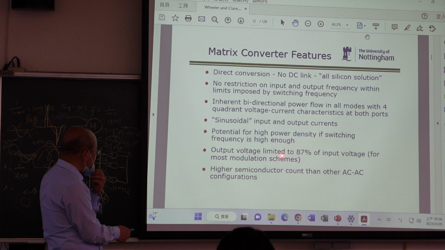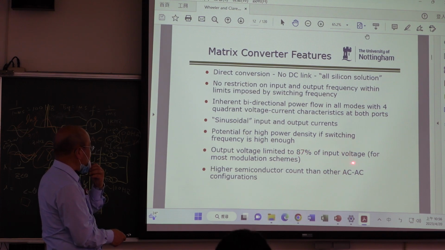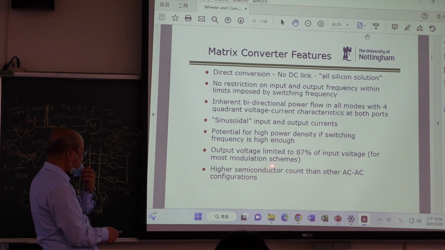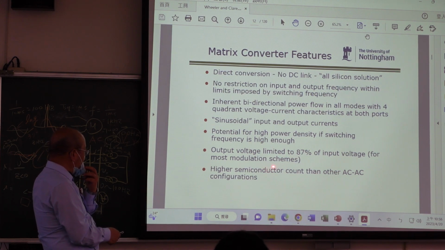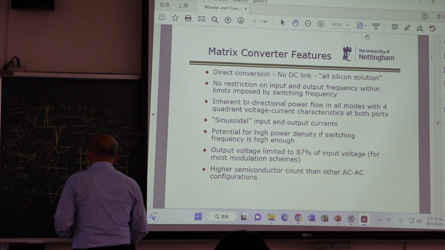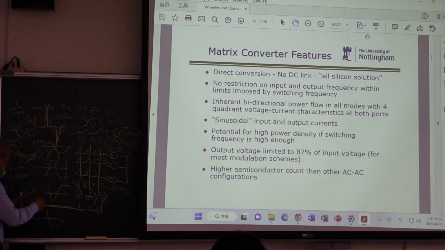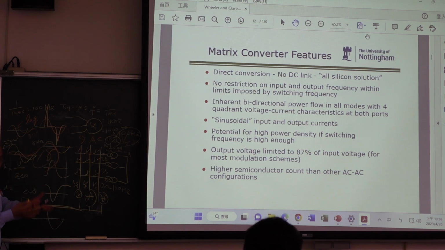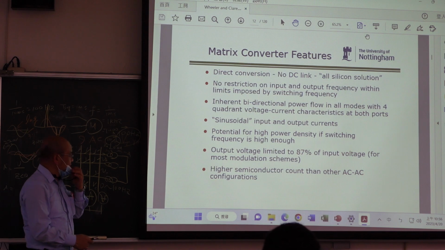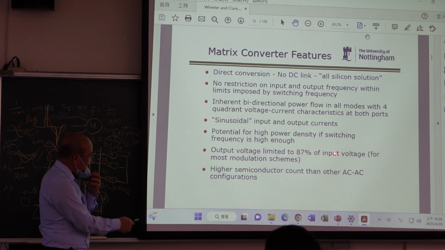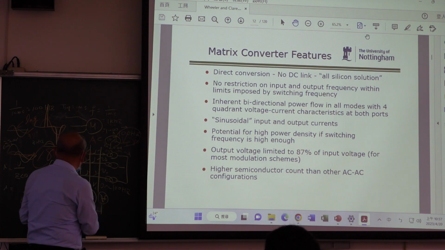Output voltage limit is only 87% of input. This is the disadvantage. For the traditional, what is the DC voltage? If you have voltage here, then you can have DC here. DC is peak, right? Peak. But if you use a matrix converter, the output voltage is maximized at 87%.